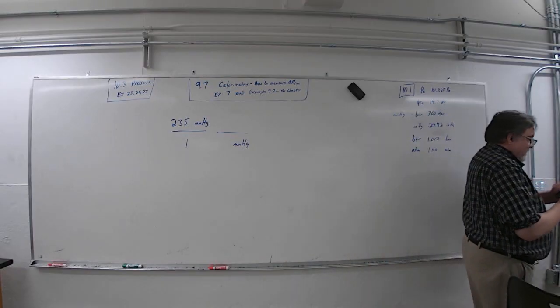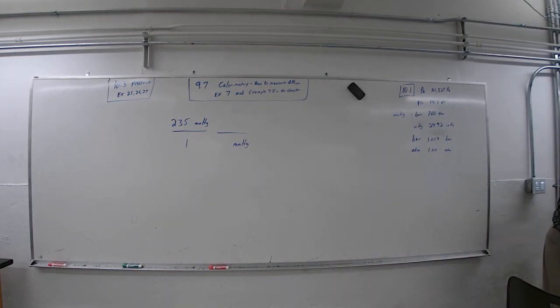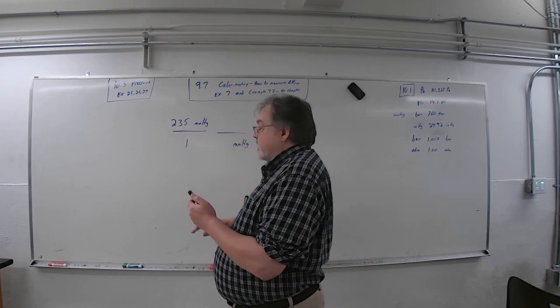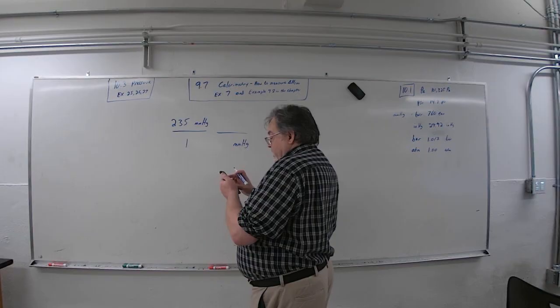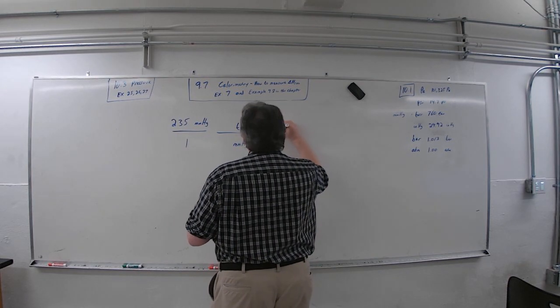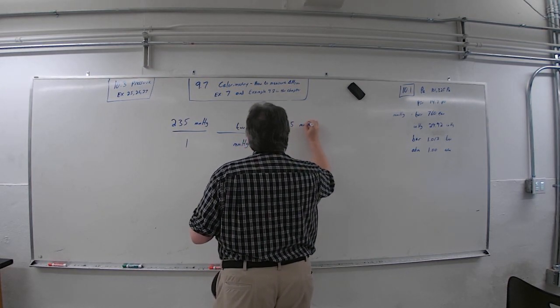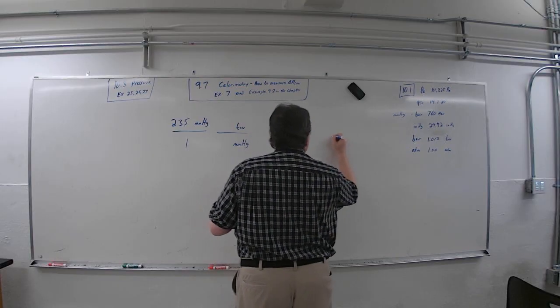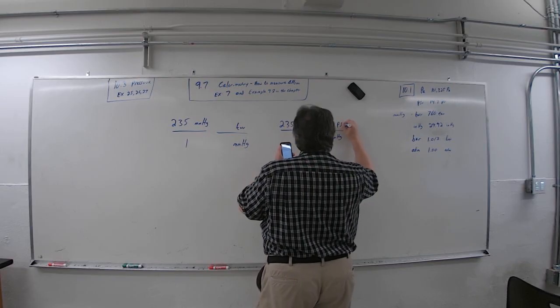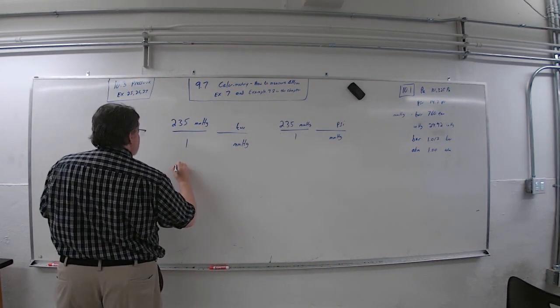So this question is asking me, if I have 235 millimeters of mercury, what is that in torr? It wants me to do PSI, inches of mercury.